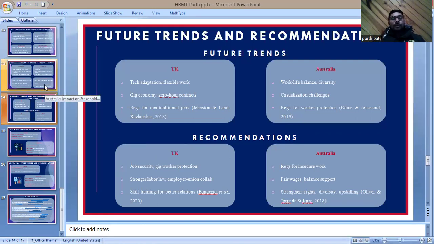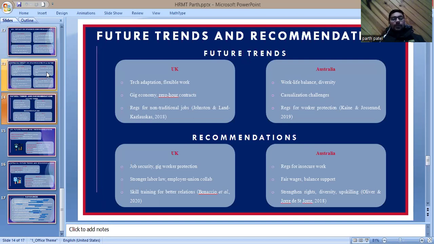And if we talk about Australia, the possible trends for Australia may entail more emphasis on work-life balance and casual challenges. They improve the workplace and inclusiveness, and they tackle their issues, etc. And some recommendations for the UK and Australia.